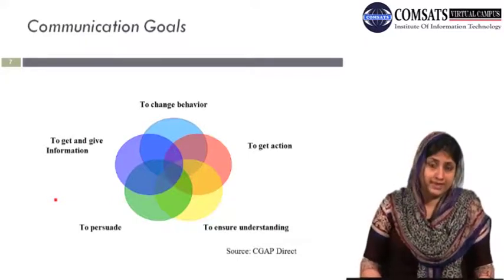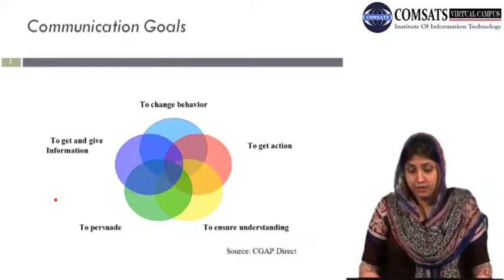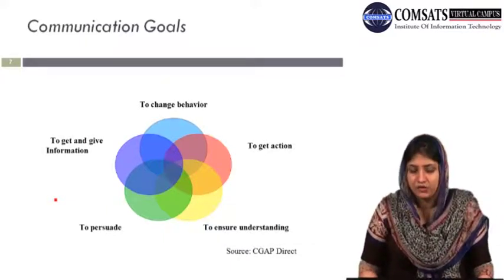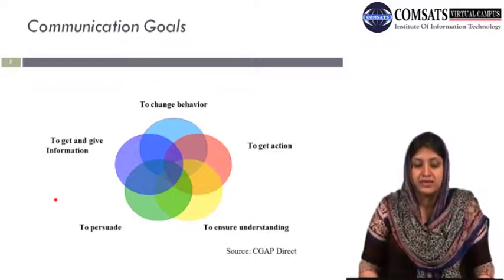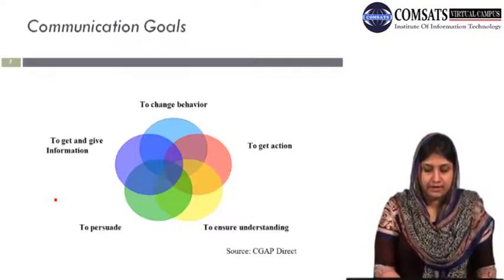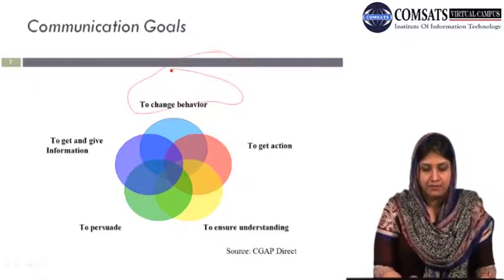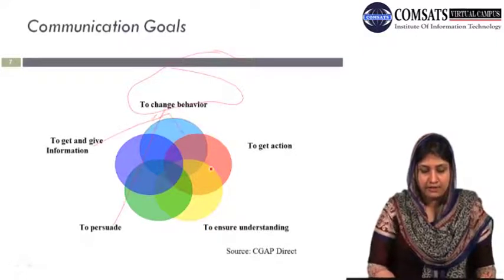Well, one can say that a goal can be to change behavior, to get action, to ensure understanding, to persuade, to get and give information. Now, if you look at this change of behavior, you can see that basically it's connected with all of these categories.